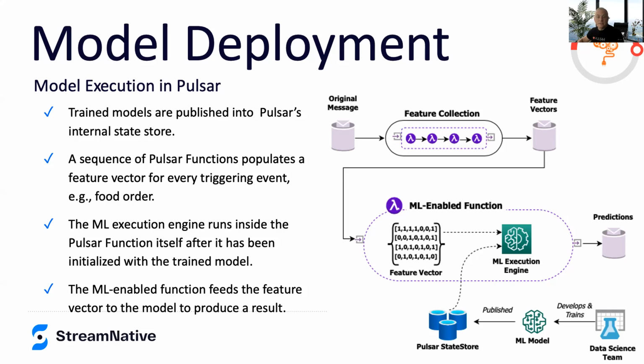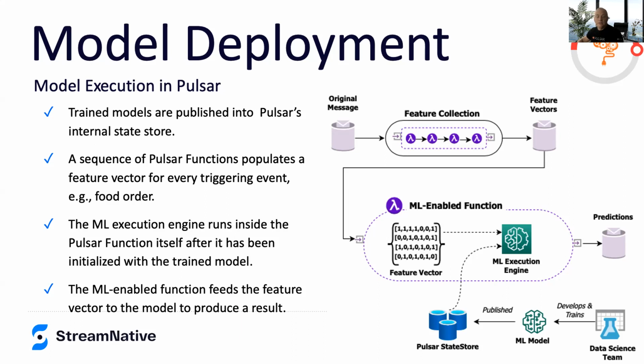Now, based on the engine type, we know we can spin up the client and start that execution engine and feed that model into it so it's primed and ready to go. On the other side of that pipeline, we know the feature definition available, and we can have a separate pipeline of Pulsar functions that perform the feature collection process. Theoretically, you could do this in parallel to speed up the process, but they query all the data sources and populate the feature vector itself, and then feed that in as a topic into the machine learning enabled function.